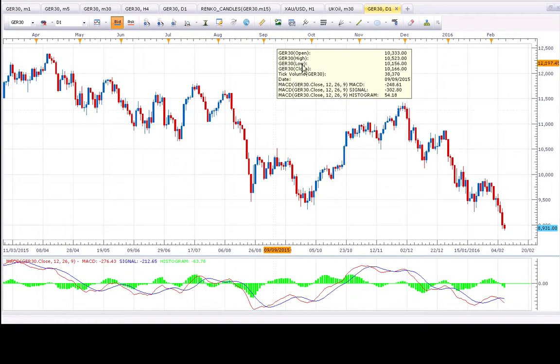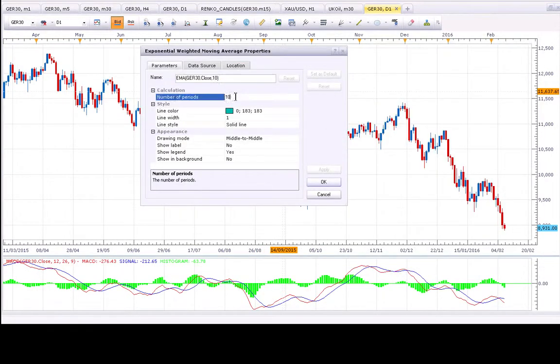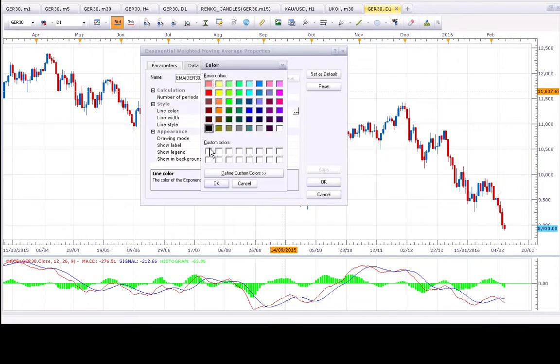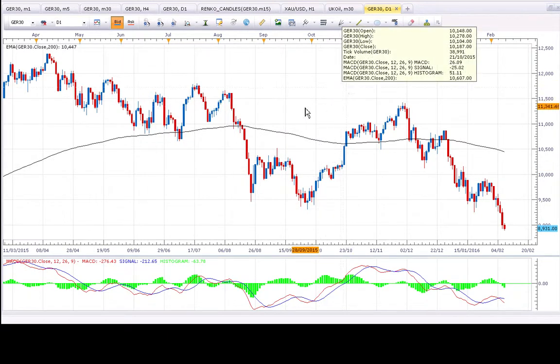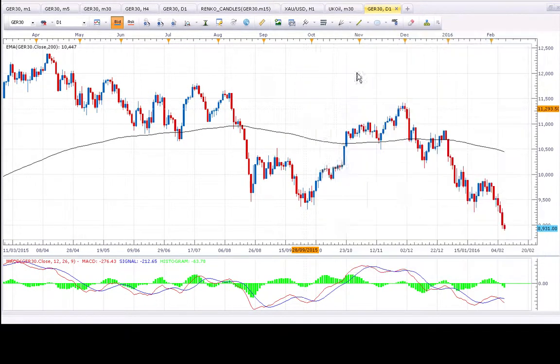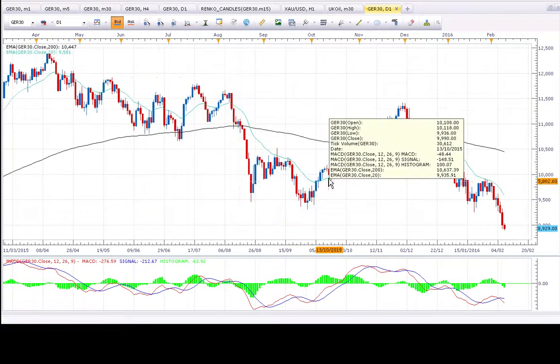For example, let me just show you, if I apply two EMAs to this, one's going to be a 200-day EMA, and one's going to be a 20-day EMA. Okay, you can see them on the chart there.